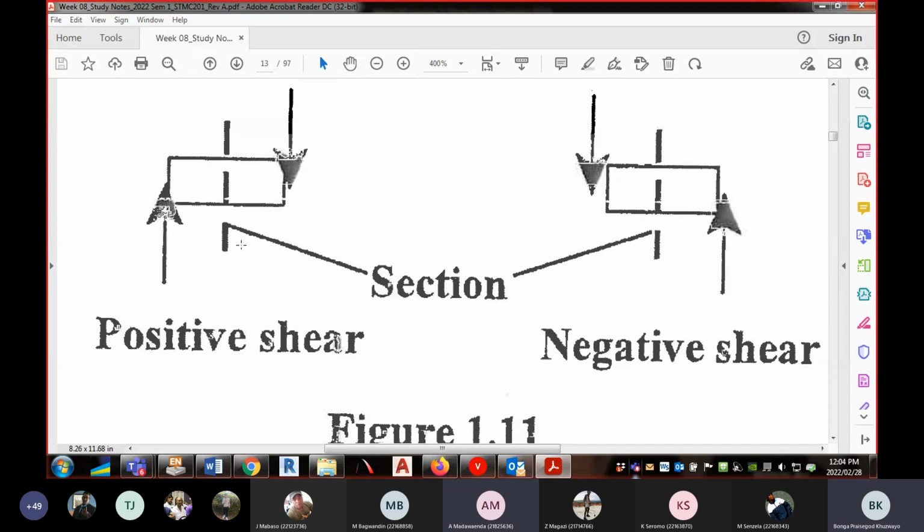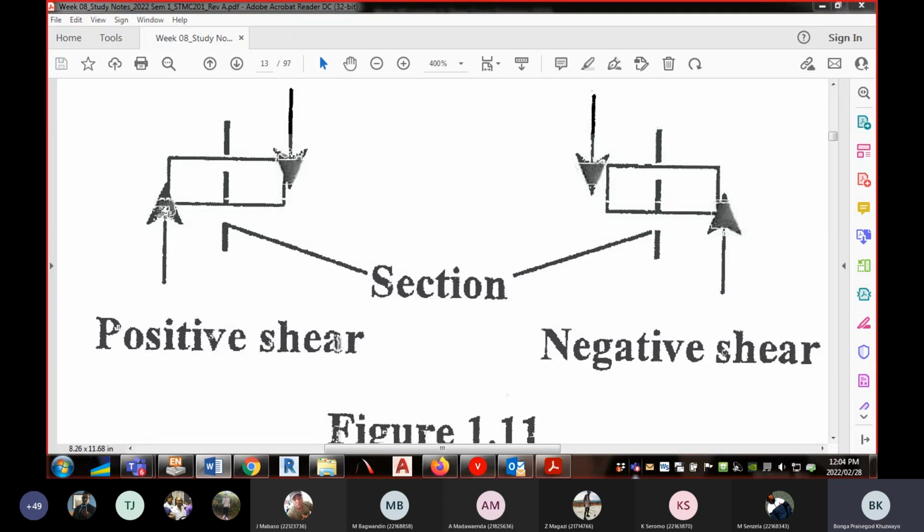Can you explain that again? If the algebraic sum of the forces to the left of the section goes up, that is taken as positive shear. Let me try and give you a nice example.